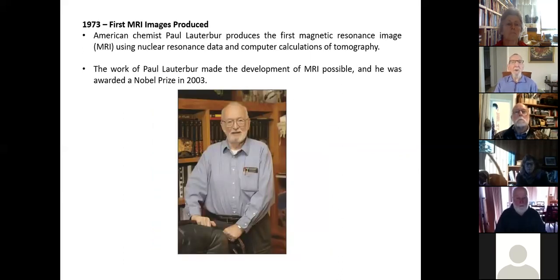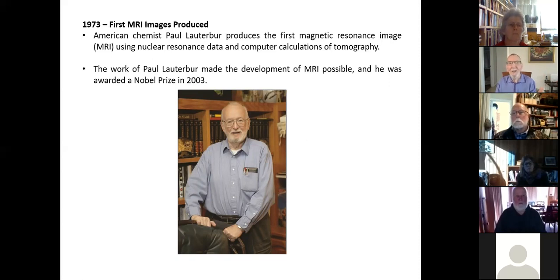In 1973, MRI started to make an appearance, and the American chemist Paul Lauterbur produced the first MRI image using nuclear resonance data from nuclear magnetic resonance and the computer calculations from tomography. Another very clever person, but you see, 1973 is less than 30 years ago.